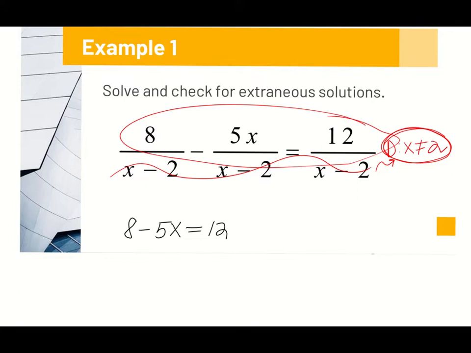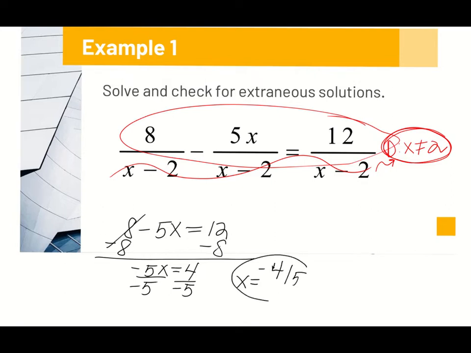So I have a positive 8, so I need to move that to the other side. So I'm going to subtract 8. And that's going to give me negative 5x equals 12 minus 8, which is going to give me 4. And then divide by negative 5. X equals negative 4/5.